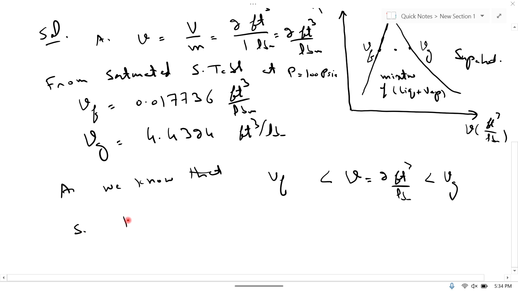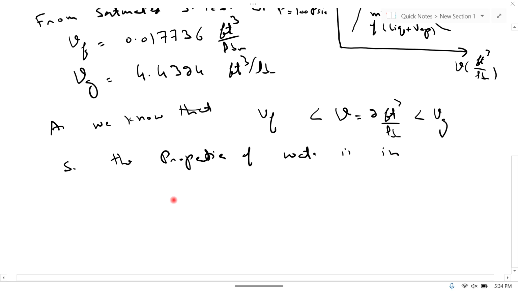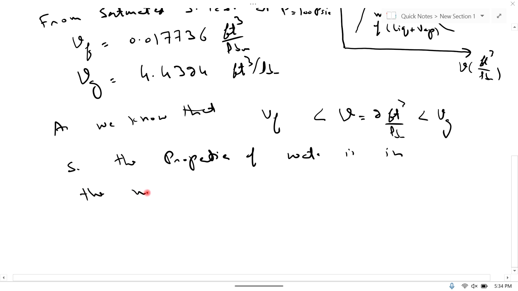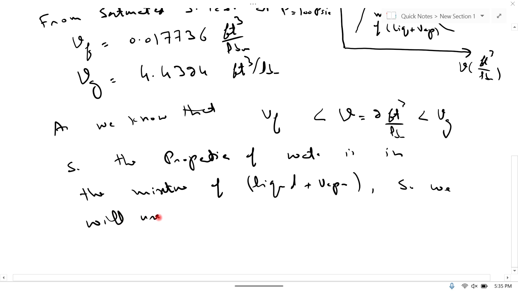So the properties of water are in the wet region, in the mixture of liquid plus vapor. So we will use the saturated steam table, not superheated.